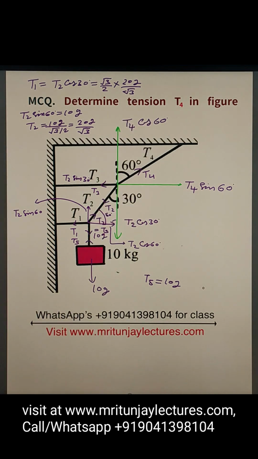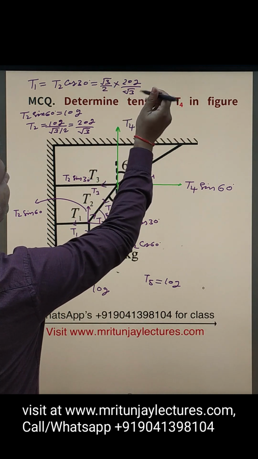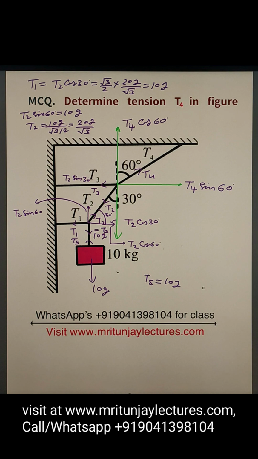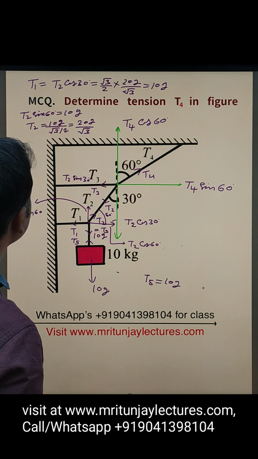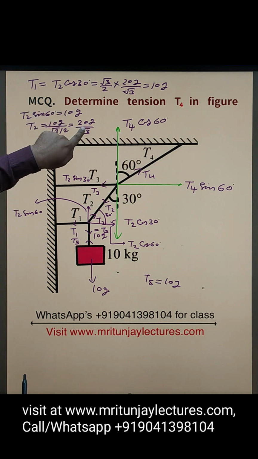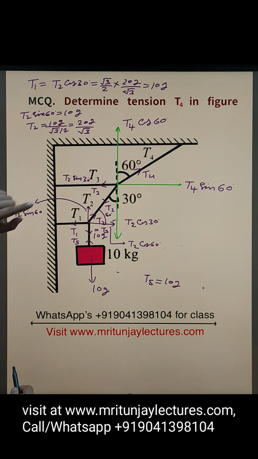So you can say that root 3 cancel. So find it 10g. So T1 is 10g. Clear or not? T1 is 10g. Okay. T1 is 10g, T2 is 20g by root 3.